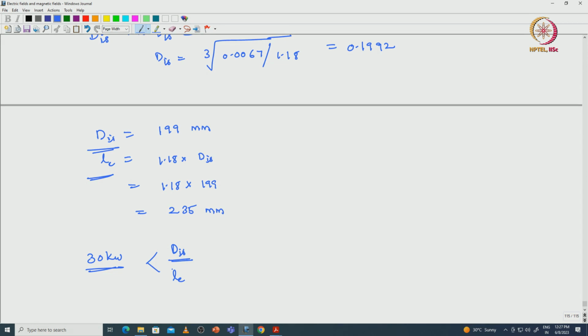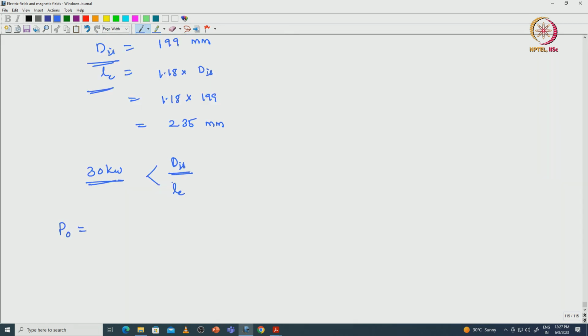Next, the power equation in terms of aspect ratio we will discuss now. P naught is equal to pi square by 120 into efficiency, power factor, magnetic loading and electric loading, synchronous speed, winding factor, d square LE volume product.